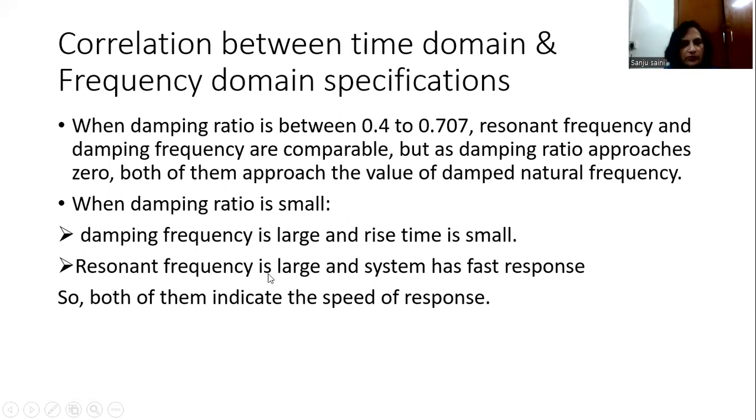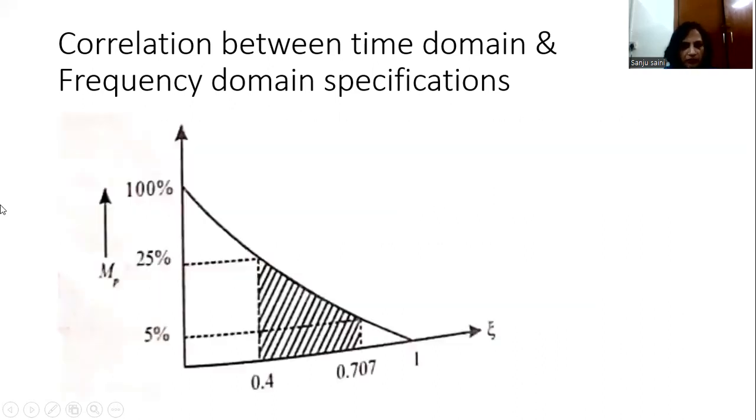The resonant frequency is also large and the system has a fast response. So both of them indicate the speed of response and are related to each other. When the damping ratio is between 0.4 and 0.707, the resonant frequency and damping frequency are comparable, and as the damping ratio approaches 0, both approach the value of the damped natural frequency.